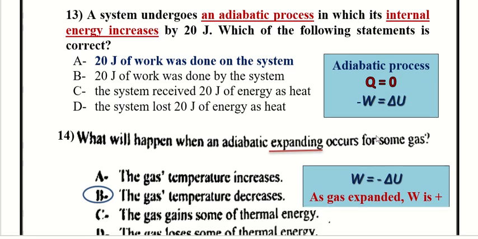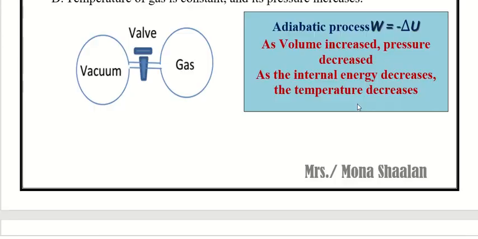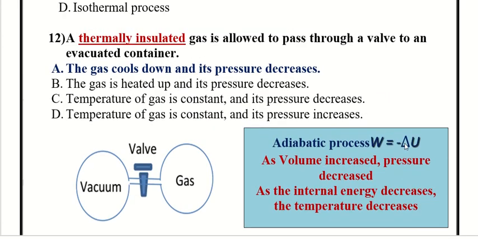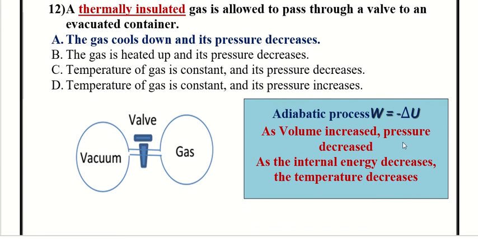So the work done will be on the system, as it has a negative sign. It's the opposite of this one, where the work done is done by the system.